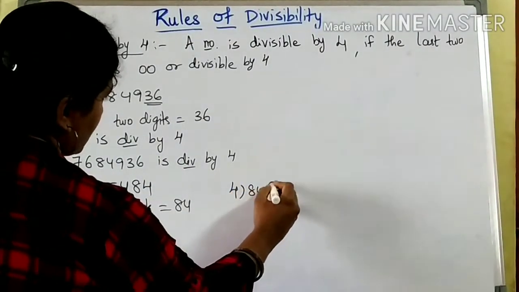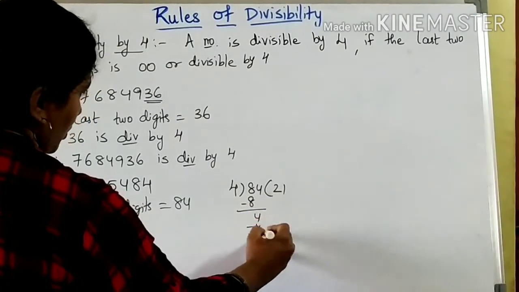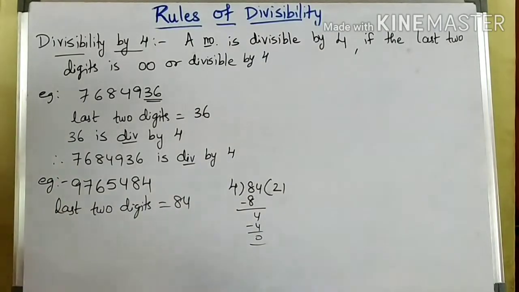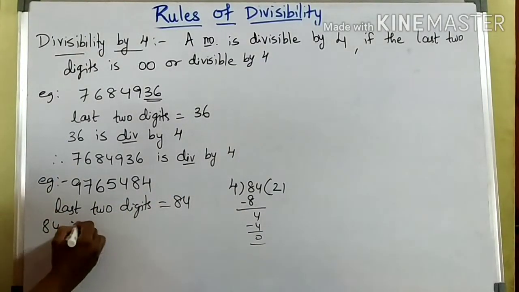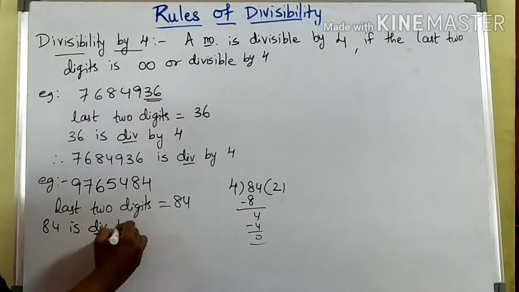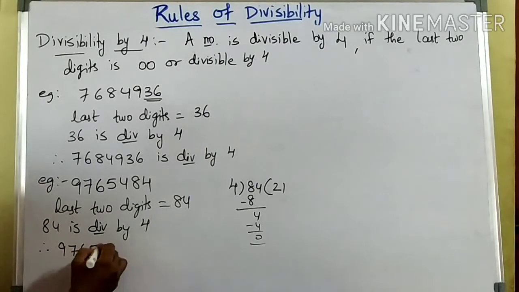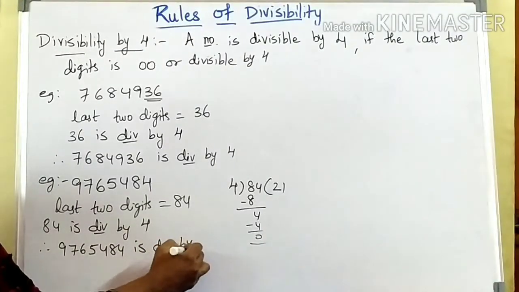Yes, you can do division. 4 2s are 8, 4 1s are 4. Yes, it is divisible. You are getting a remainder of 0, then I can say that 84 is divisible by 4. Therefore 9 7 6 5 4 8 4 is divisible by 4, right?